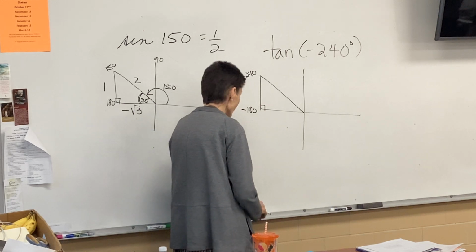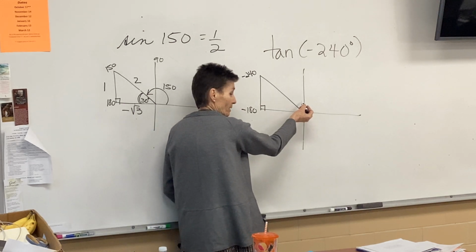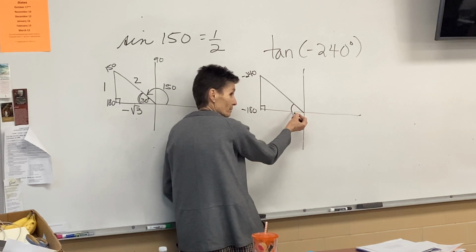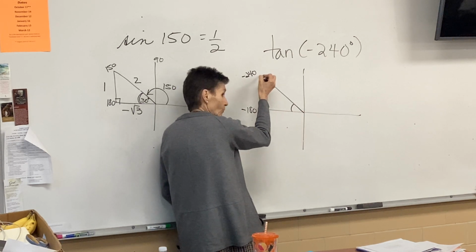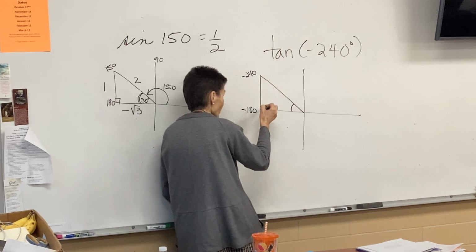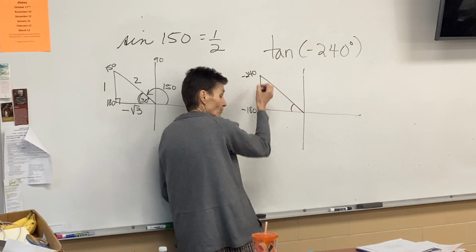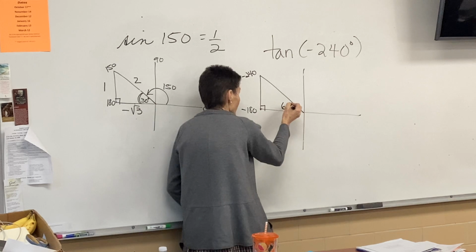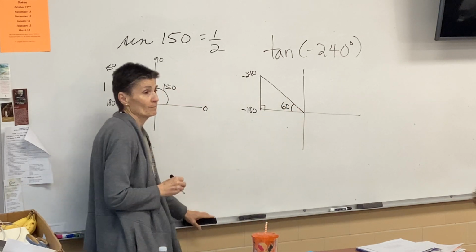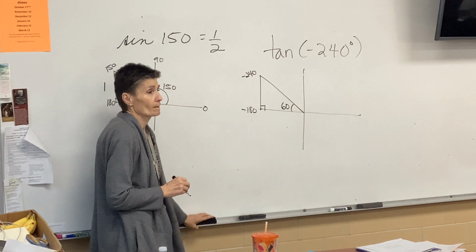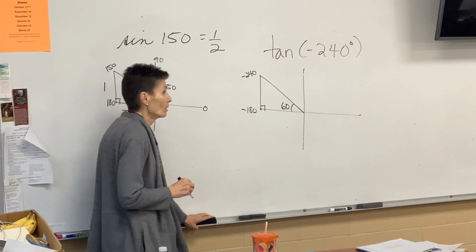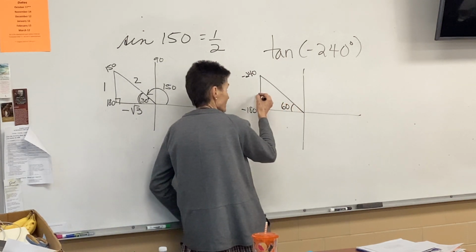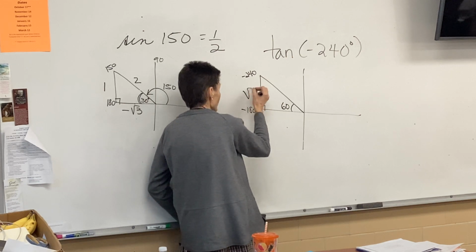Now, boys and girls, this is not the angle you want. This is the angle you want. So we had to go from 180 to 240. How far is that from 180 to 240? 60. That angle is 60. What's across from the 60? Root 3.